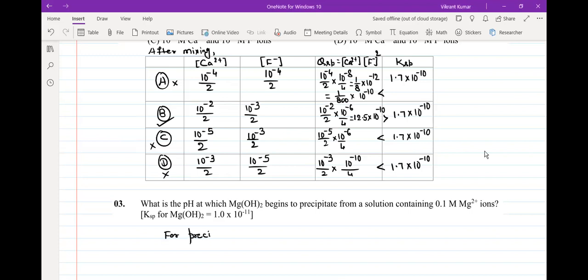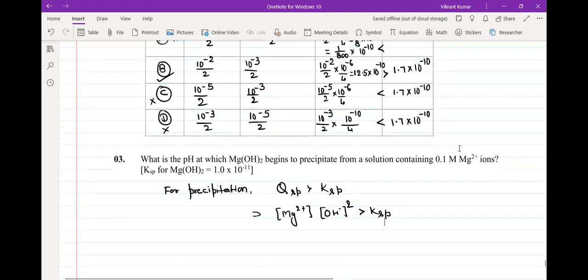For precipitation, we have learned just one thing, that QSP should be greater than KSP, है ना? Which means in this case, concentration of Mg2 plus into OH minus का square should be greater than KSP.